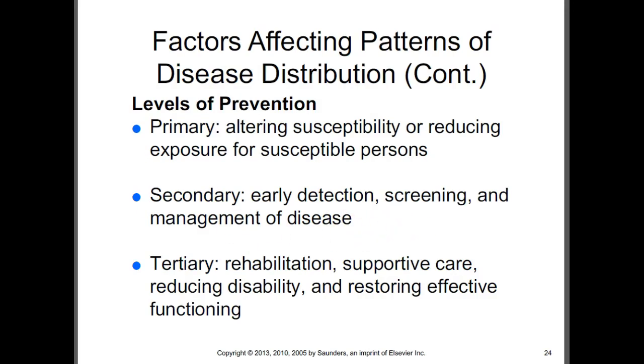All right, so then what are our levels or patterns of disease distribution, right? A lot of this has to do with public health, because public health is very closely related to epidemiology, because epidemiology is like the science and the statistics behind public health, which has a lot to do with how do we help the people in this population. You know that there's a Center for Disease Control that basically covers the entire country.